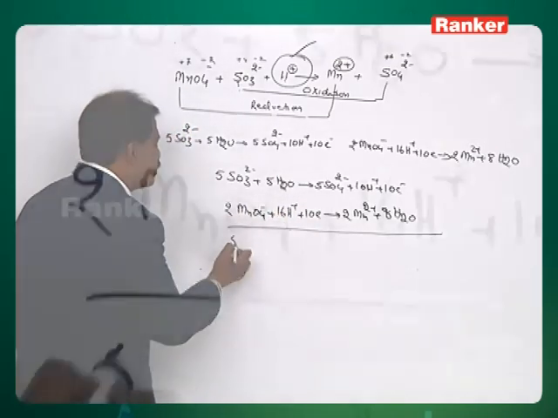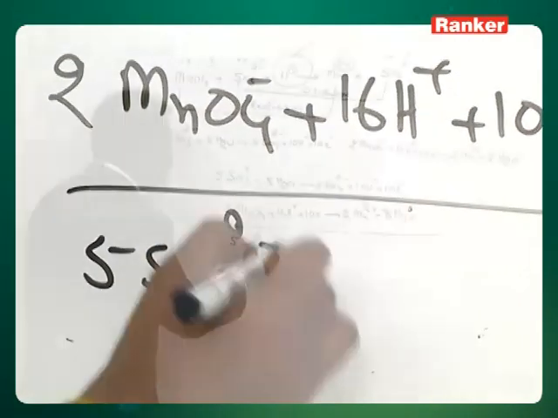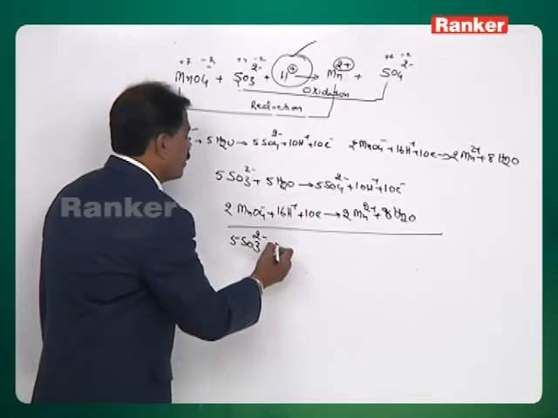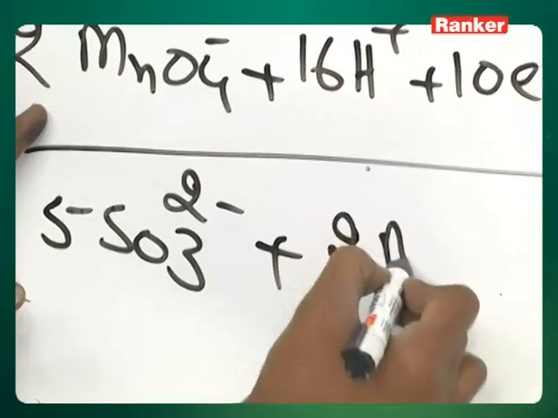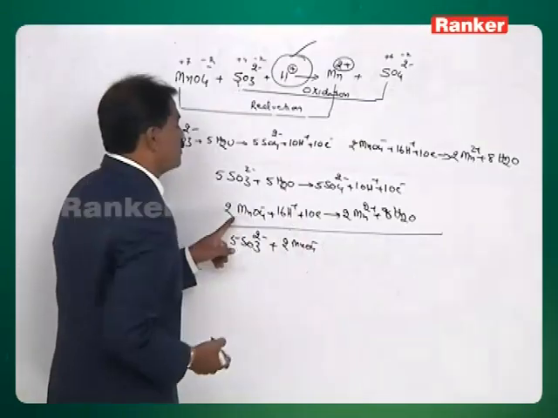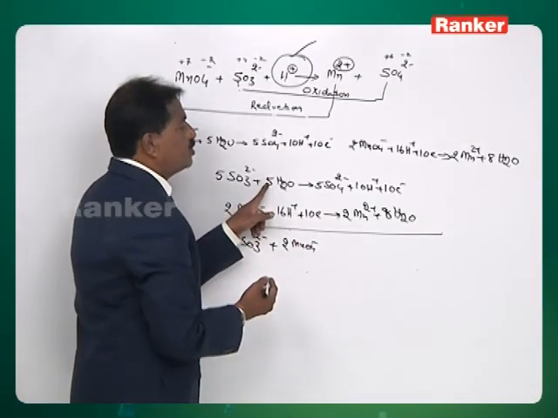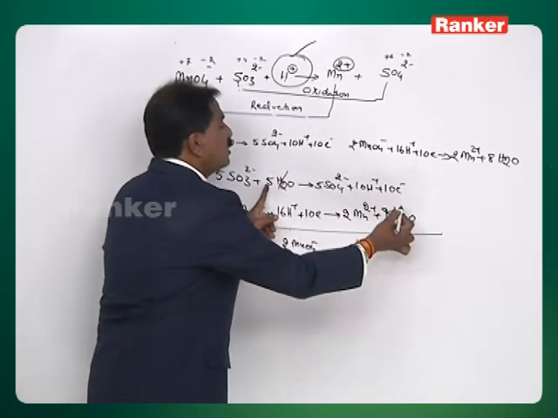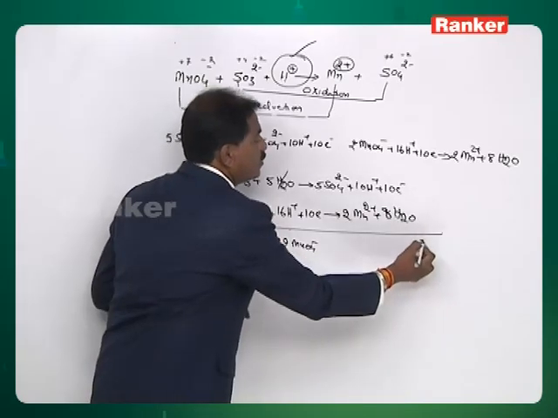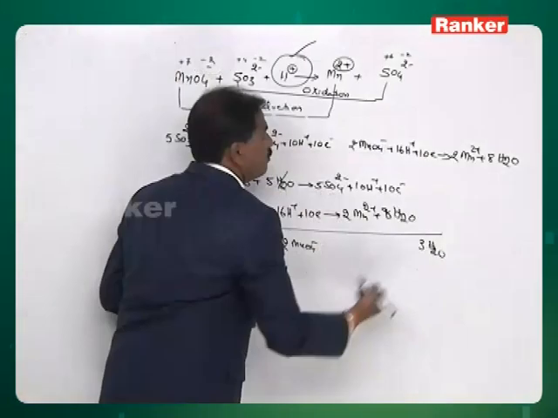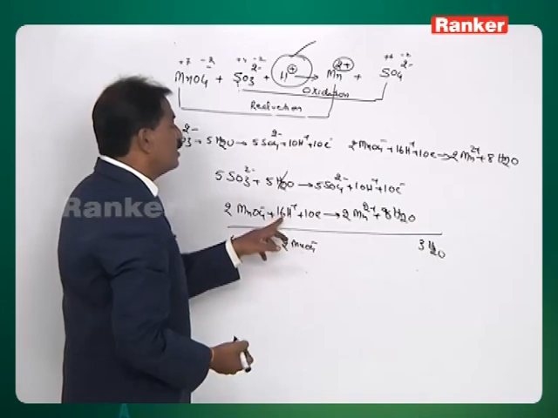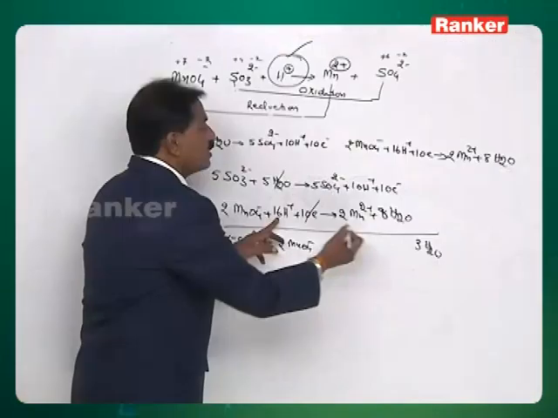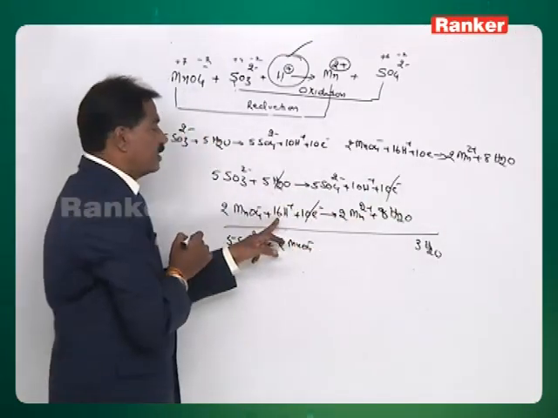Therefore 5SO3 2-, next 2MnO4-. Next here 5H2O, here 8H2O. So the 5H2O here and 5H2O there will get cancelled. Here only 3H2O will be left. Similarly, the electron number this side and that side will get cancelled.